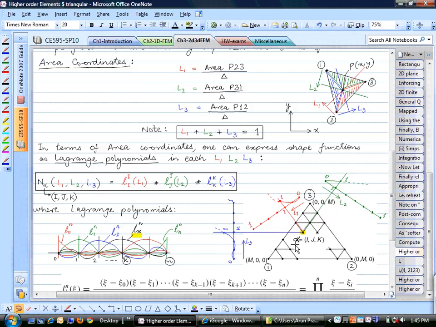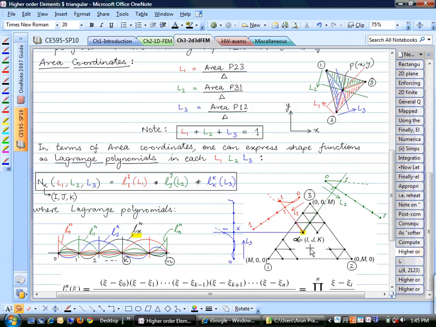So in general, for any node inside the triangle or on any of these edges, we can denote the location of that node by 3 indices I, J, K, which are just the location of L1, L2, and L3. In this case, we start from 0 and we go up to 1 and 2. So I becomes 2. For L2, we start from 0 and go 1, therefore J becomes 1.